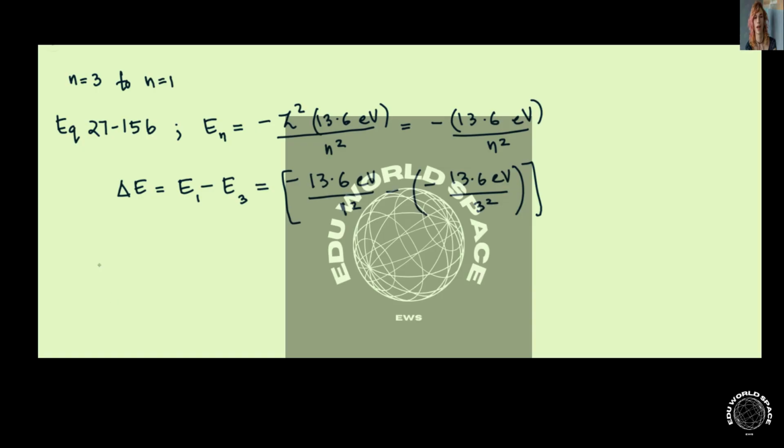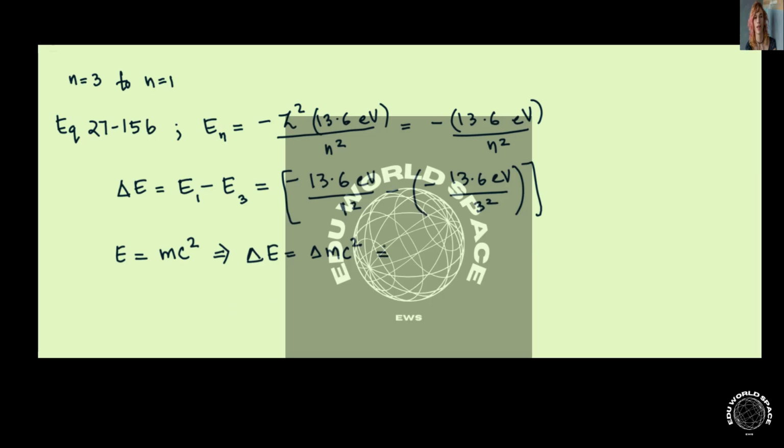Now we know that energy is given by mass times the square of speed of light. Now since c is a constant, delta E will be equal to delta m c square.